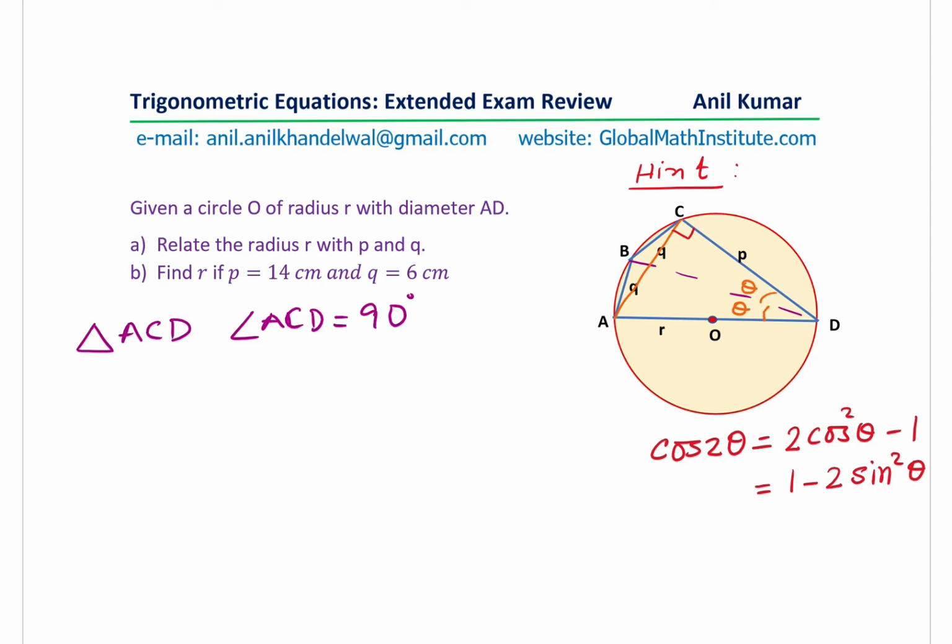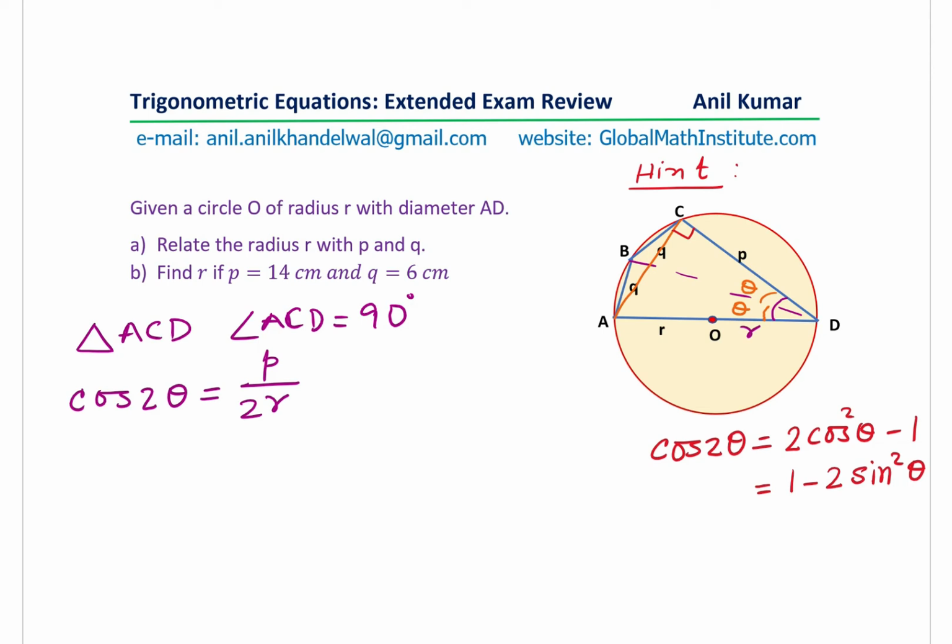If you look from the 2 theta angle point of view, then the side P is the adjacent side and AD is the hypotenuse. So we can say cos of 2 theta is equal to P over twice R, since this is R and the other one is also R. So that is one relation we get.